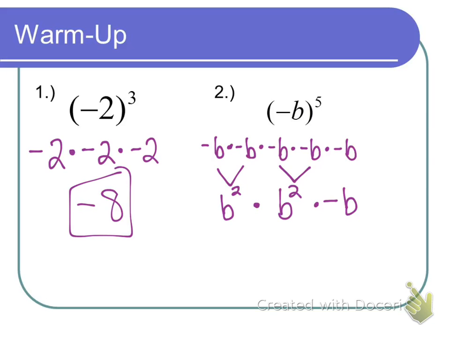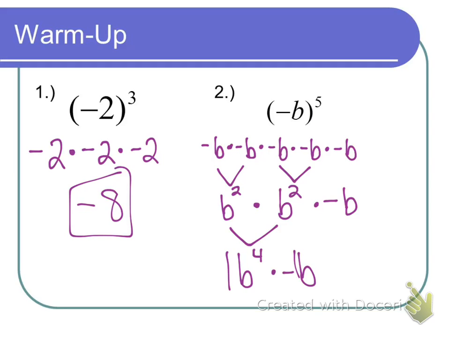Okay, so again, if you want, we can do this one step at a time. If I take b squared times b squared, what do I get? B to the 4th. And then we're still multiplying it by that -b. What number could I put in front of the b to the 4th? A 1. And what number is in front of that -b?